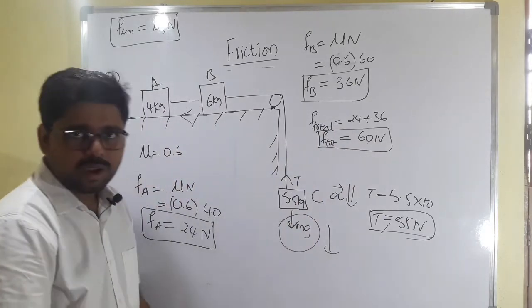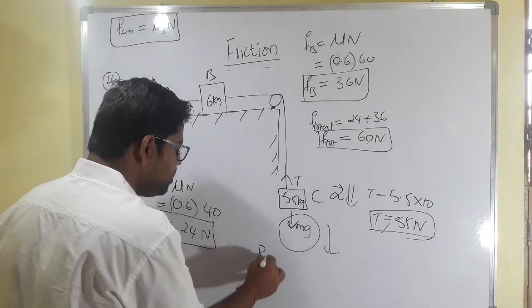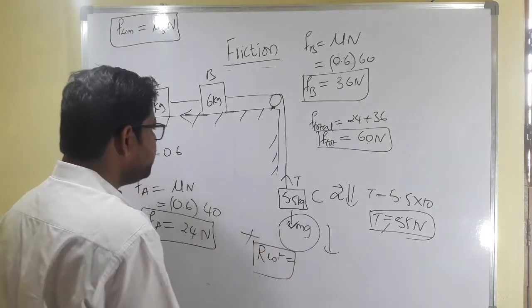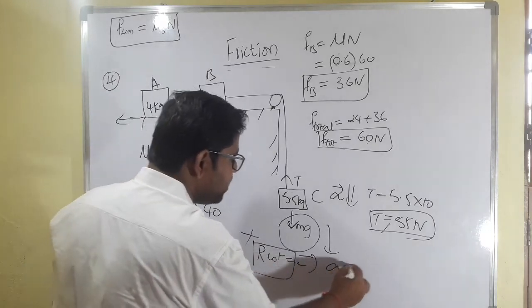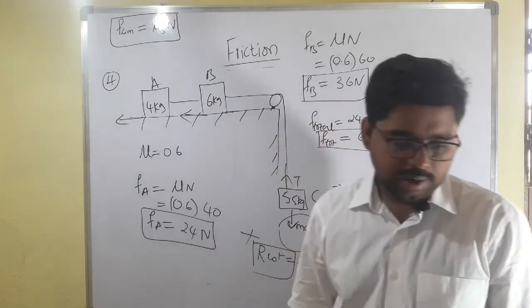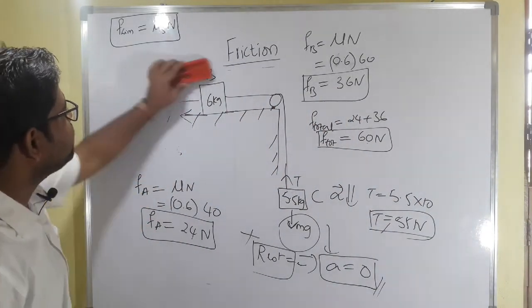So will the body move? It will not move. The body is at rest, so the acceleration A is equal to 0 meter per second square. Right, now we'll pass on to the next concept.